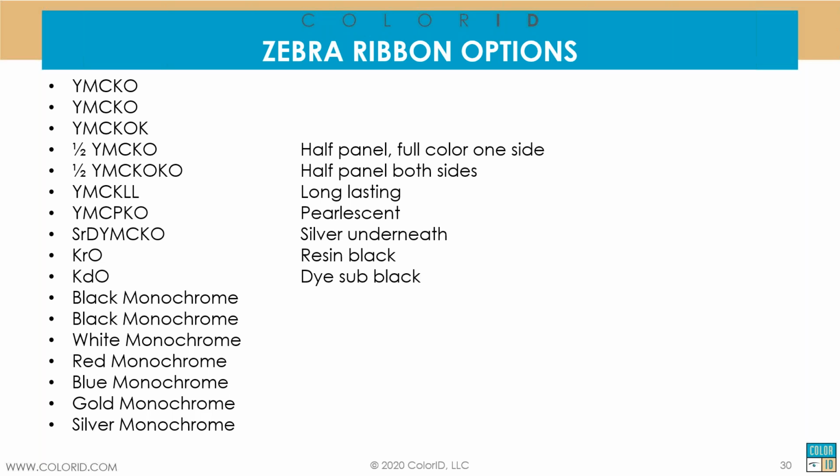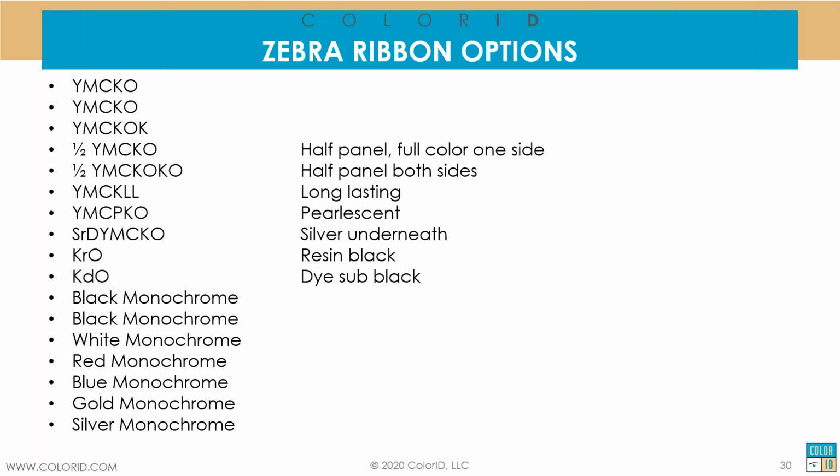You can get a half panel, both sides, full color, or let's see, full color on one side and then black on the back, both with an O panel. You can get a long-lasting panel, which is heavier than the O panel, provides more protection. It's less than a reverse transfer protection. It's less than an over laminate, but it's better than O.